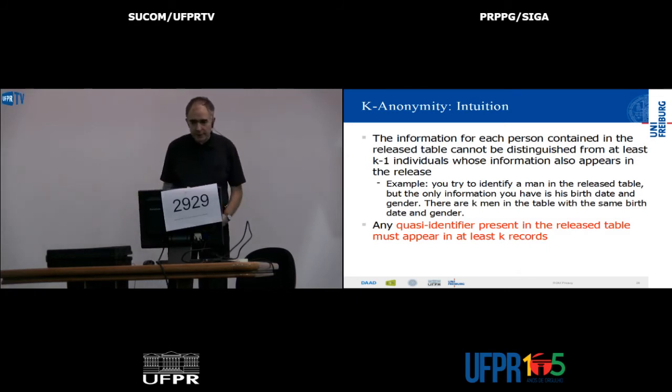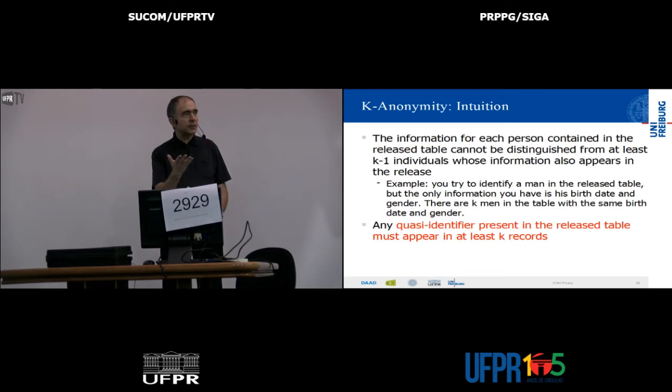Go back to that table. Birth date and gender is known, but there are K people in the table with the same birth date and same gender. Okay, in that case, you're 1 in K. If K equals 10, you decide whether you feel safe or not. If K is 1,000,000, you might say, yep, now I'm happy.